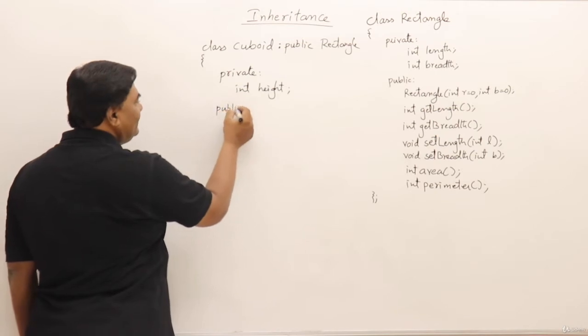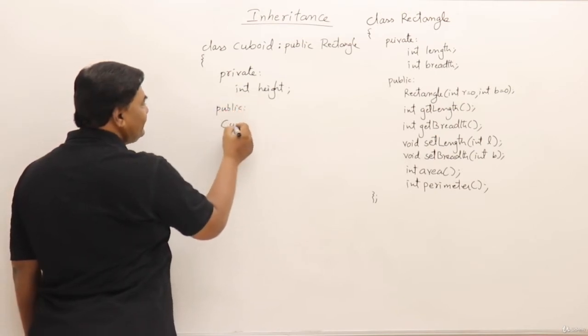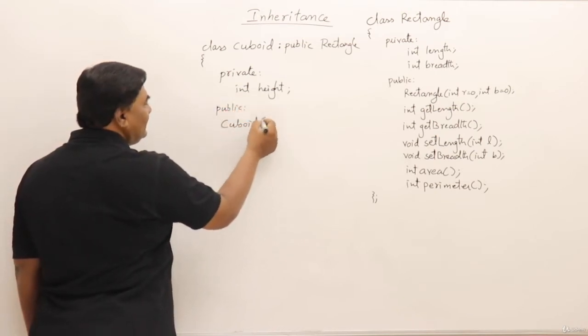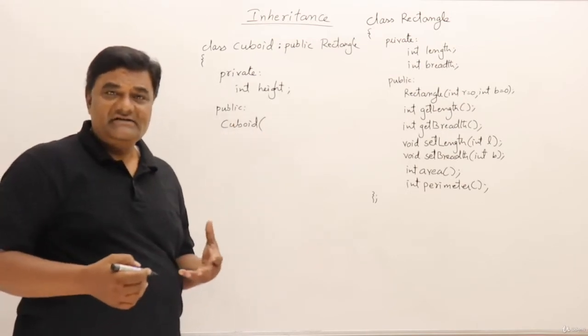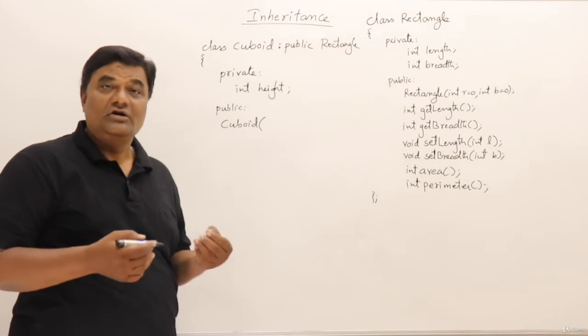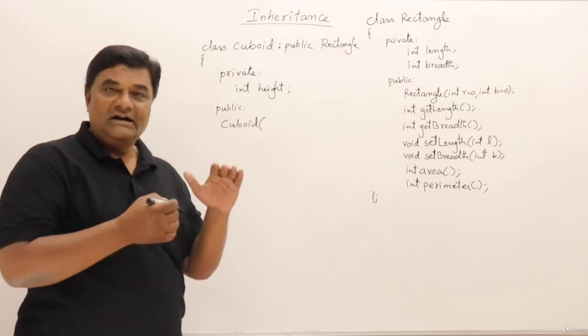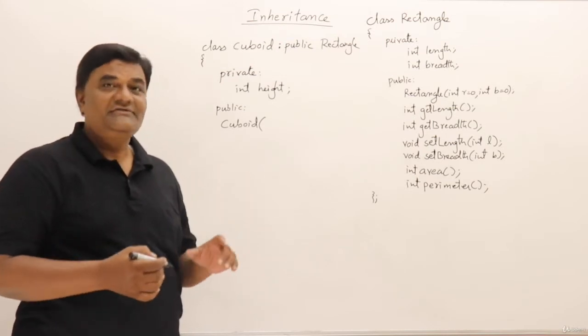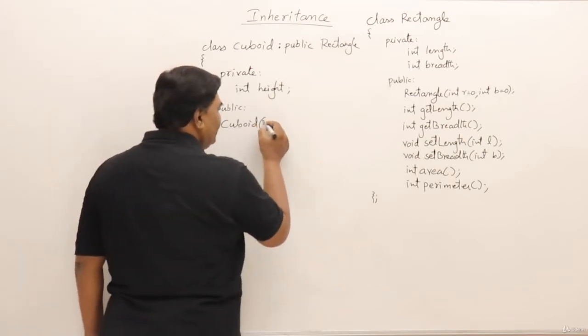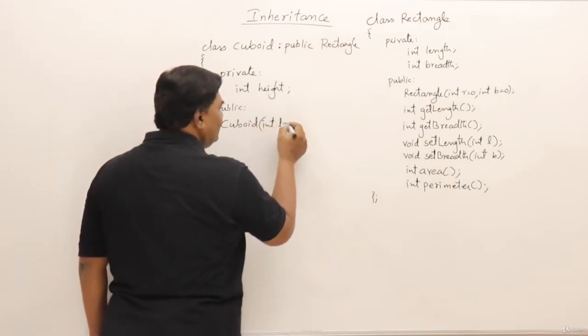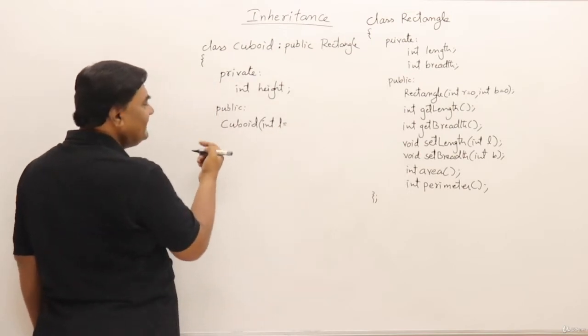Then public, inside this the first thing is constructor. Now this constructor I can write various constructors, that is a default constructor, that is non-argument constructor. I will write a parameterized constructor which is taking default arguments. So integer length. How come I write length here?